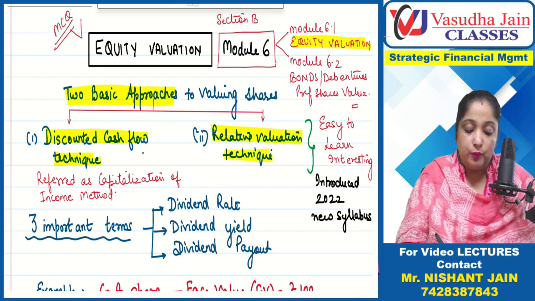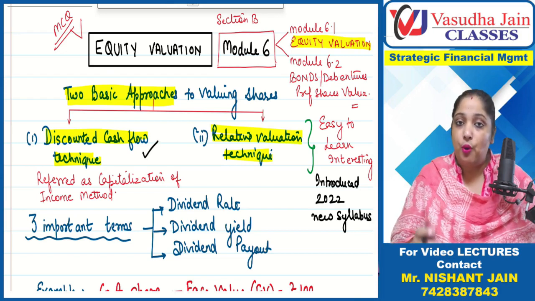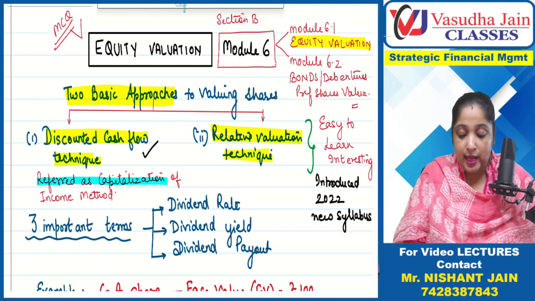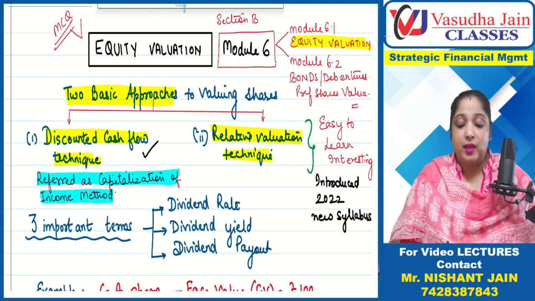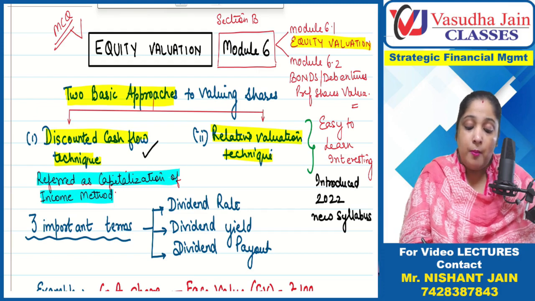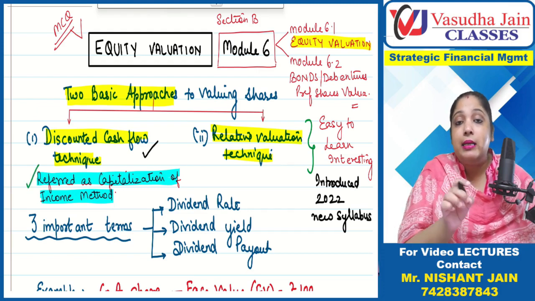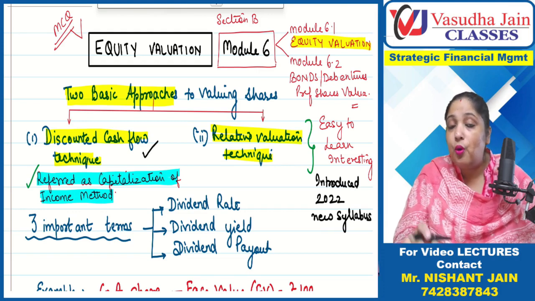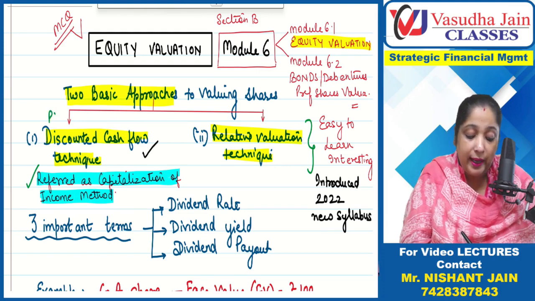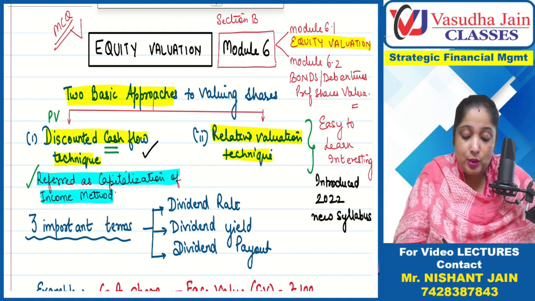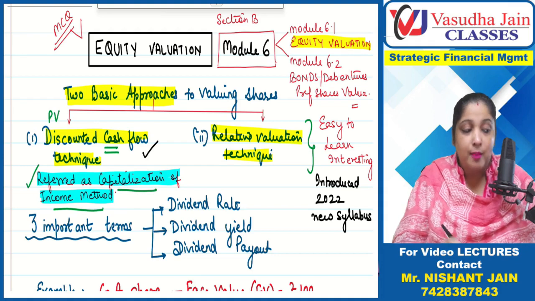In this lecture I am going to focus on discounted cash flow technique, which is also referred to as capitalization of income method. Why it is called capitalization of income method, I will explain, but just remember for the time being that discounted cash flow technique means you are going to find out the present value of certain cash flows. This technique is also called the capitalization of income method.